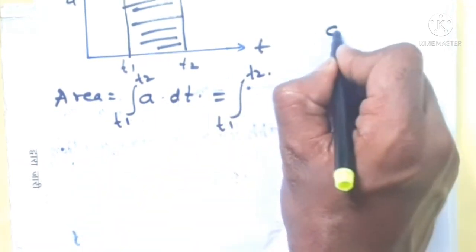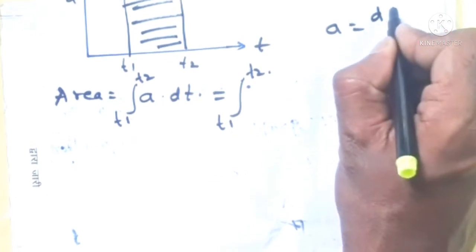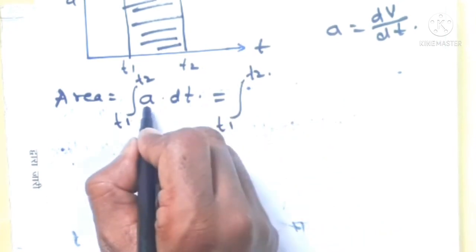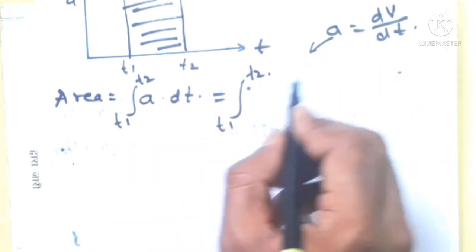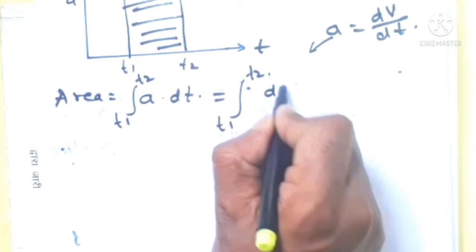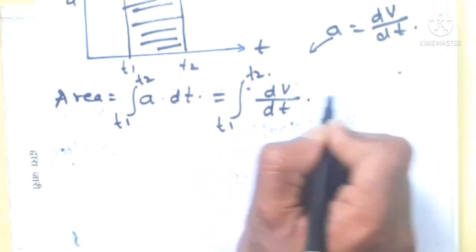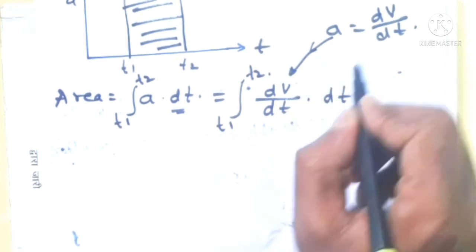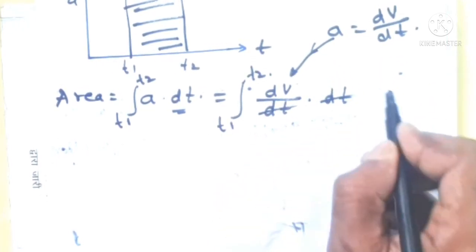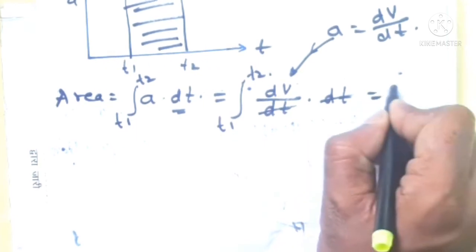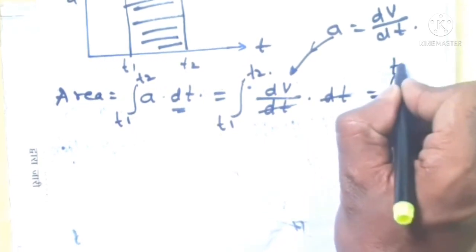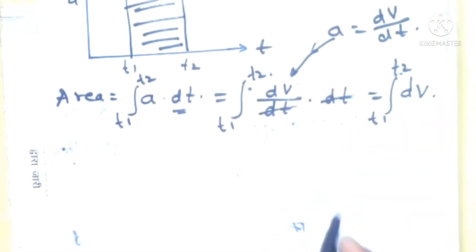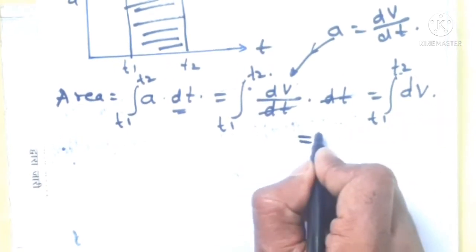Acceleration is known as the rate of change of velocity, so we put acceleration as dv by dt into dt. The dt cancels, and we are left with the integral from t1 to t2 of dv, and this is our velocity.